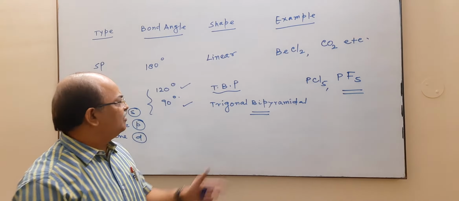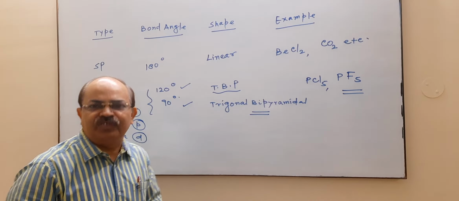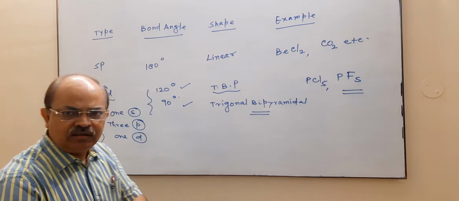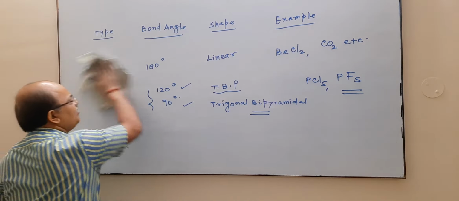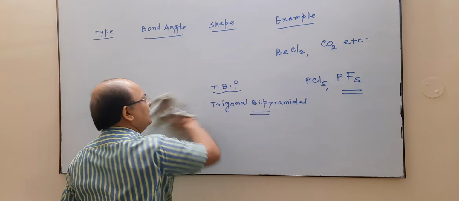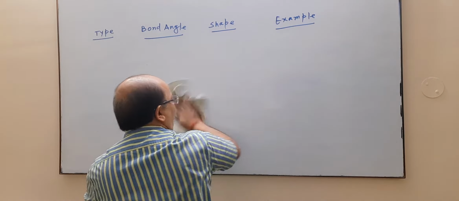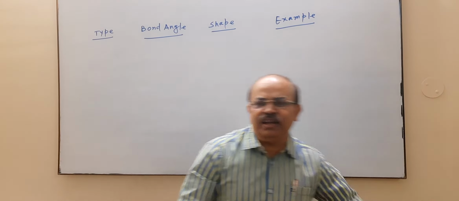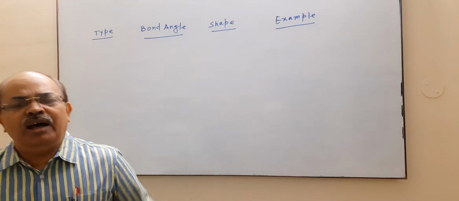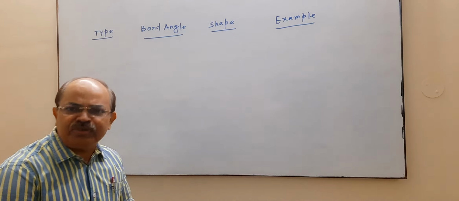So the shape is trigonal bipyramidal, or triangular bipyramidal. The next hybridization is if you involve one more d orbital. You have involved one d, now involve one more d, and you can understand what its name will be.